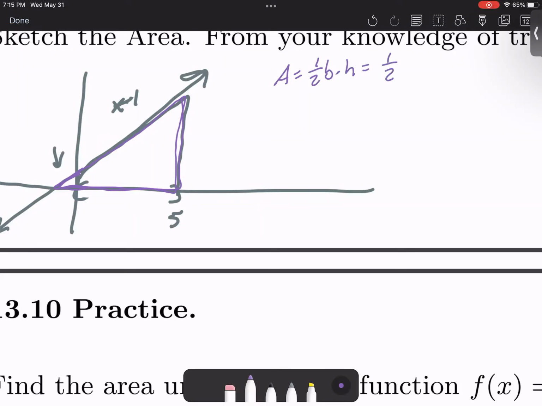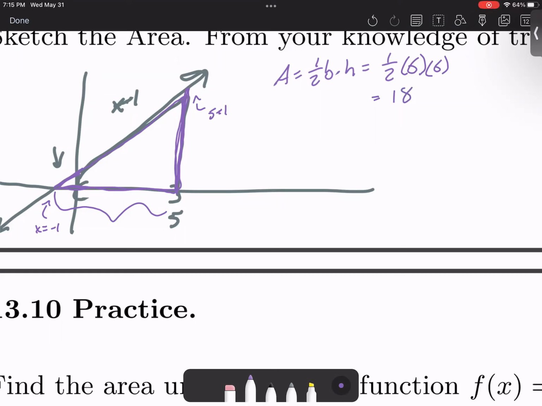So the base here of the purple is, so that point right there is x is equal to -1. So that's a base of 6 times a height. How tall is that triangle? It's the function value at 5. So 5 plus 1, 6. That gives me an 18.